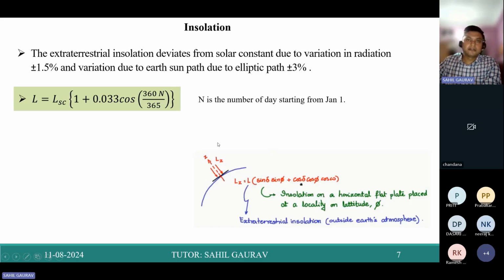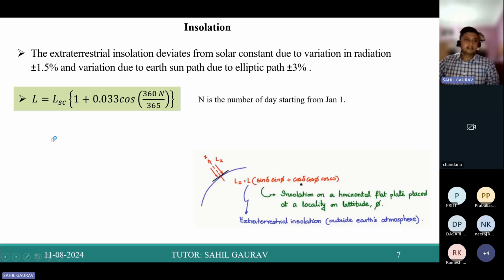Now coming to insolation, how we can write the insolation at a certain point on the earth. So this extraterrestrial insolation deviates from the solar constant due to variation in radiation, plus minus 1.5%, and variation due to the Earth-Sun path, due to the elliptic path, that is plus minus 3%.